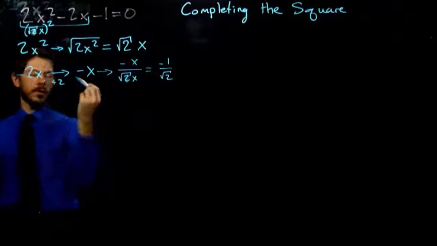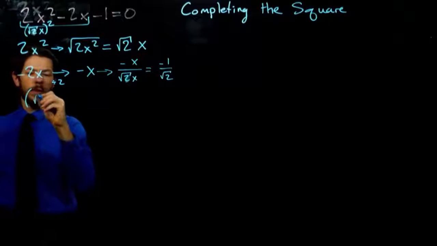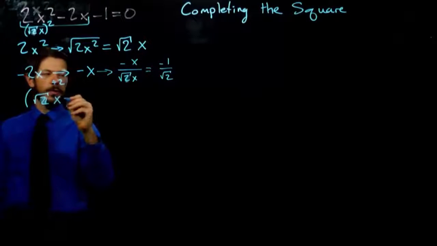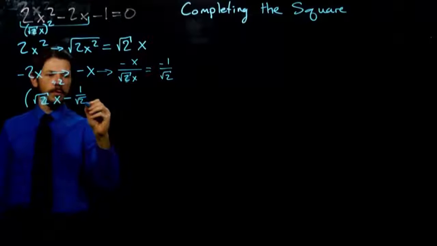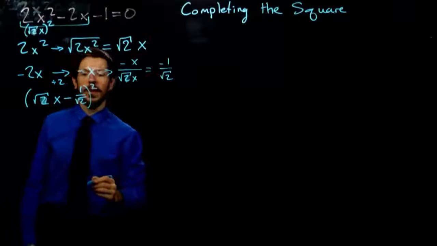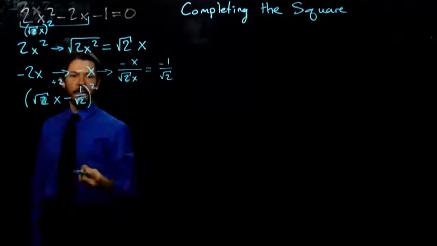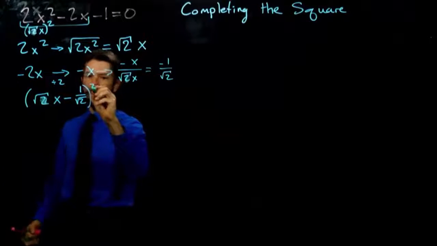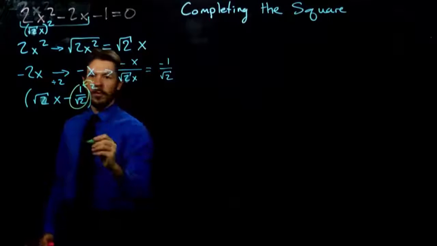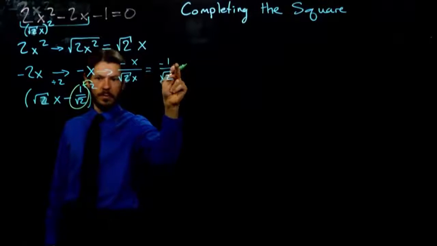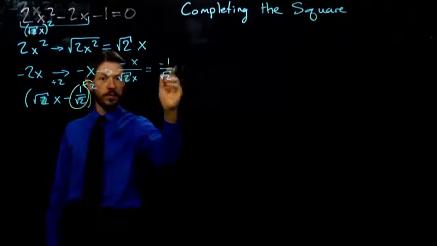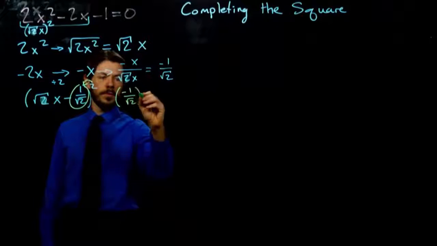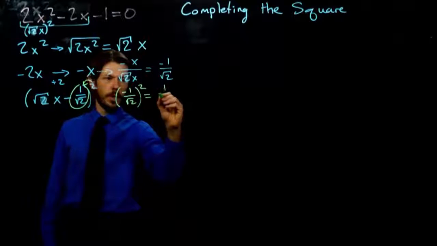So that's square root of 2x minus 1 over the square root of 2 quantity squared. That's what we're going to complete. And so then to add on to it, we need this last term right here squared, the second term in our perfect square. Negative 1 over the square root of 2 squared, which is 1/2.